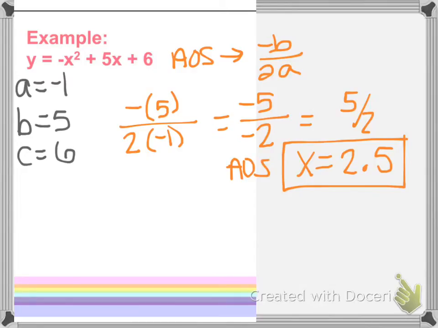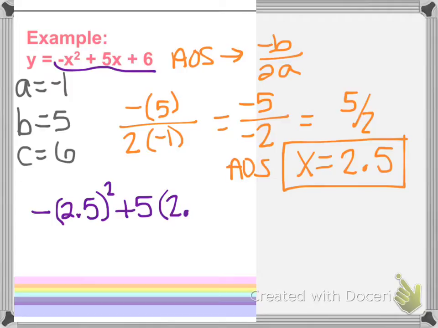You plug that number in. Even though it's not pretty, that's okay. You plug it into the equation you were given. The negative was part of the equation, so it's outside the parentheses. I got 2.5 for my x, so I plug that in anywhere I see an x. Put it in your calculator exactly how it reads.